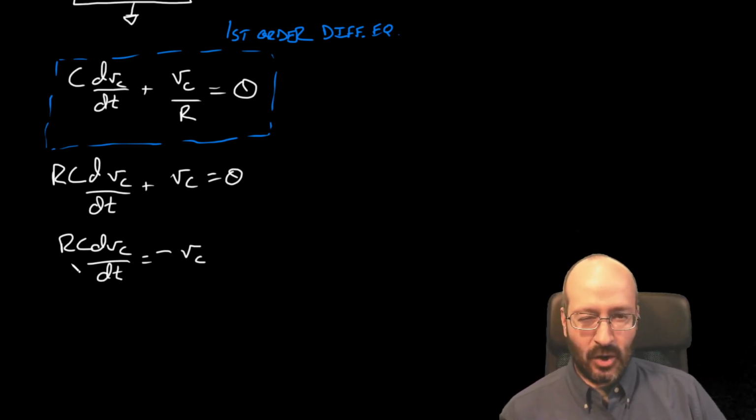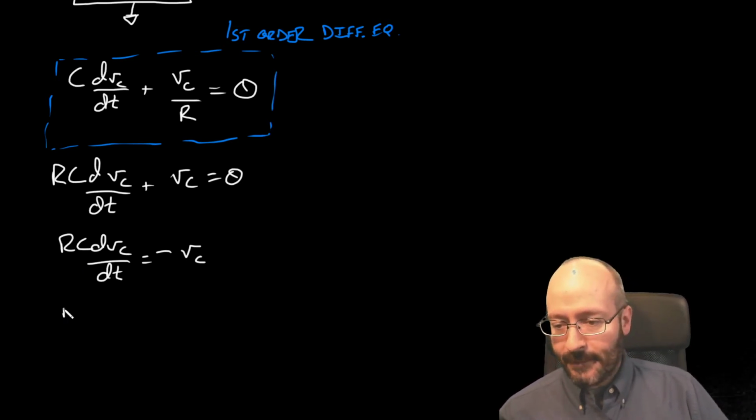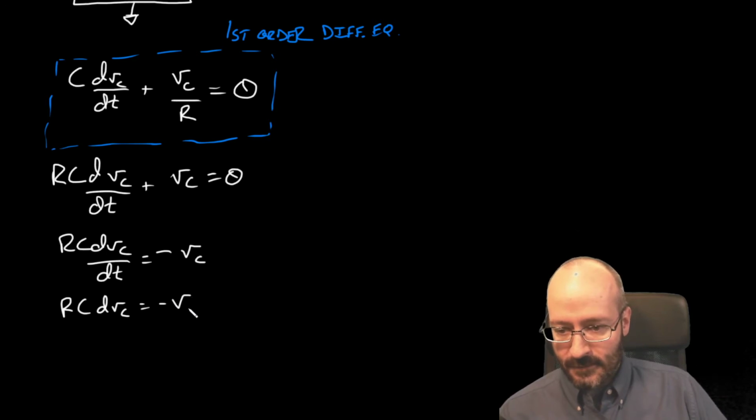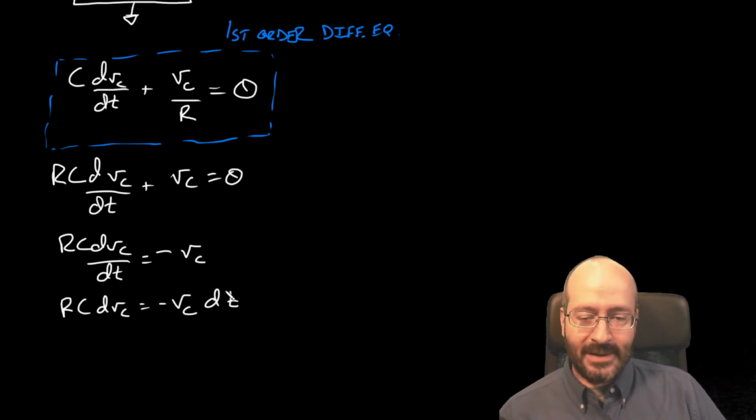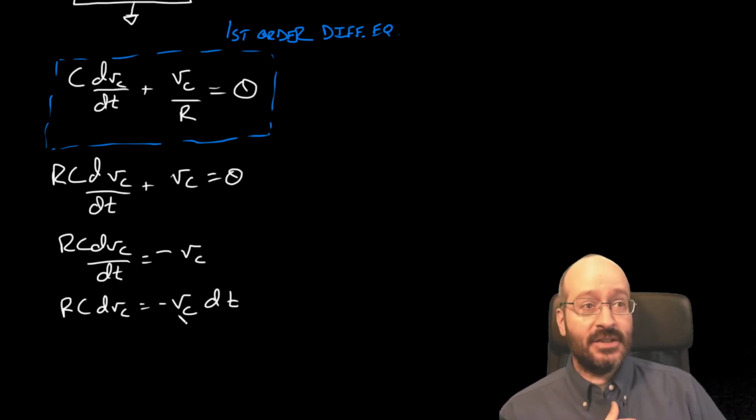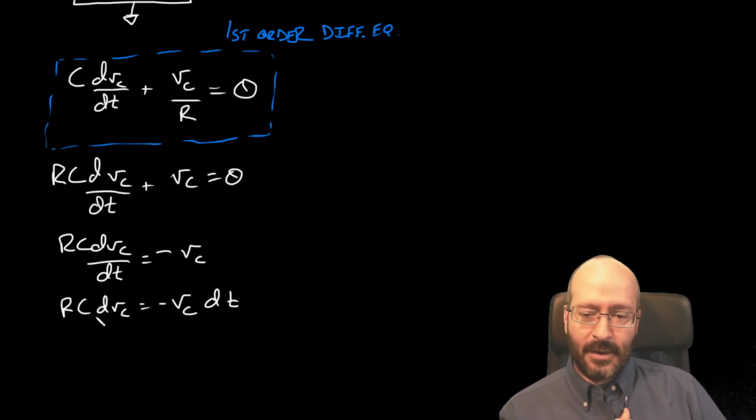It's akin to the slope. If you haven't really dug into that, hopefully that comes back from calc for you. So I'm going to bring dt up, and leave dVc there, negative Vc dt. So I almost have all of my t's over here. I need to get all of my Vc's down over here. So I really just need to divide by that. I'm also going to bring my RC over if I can. It's going to make my life a little easier.